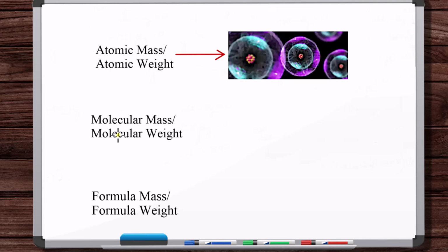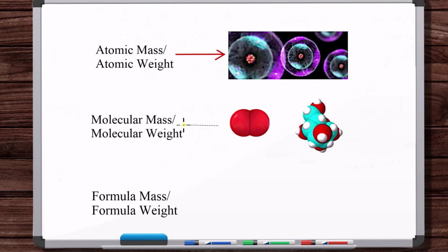We're going to refer to that mass as a molecular mass or a molecular weight, right? It's not the atomic mass of an H2 molecule or the atomic mass of a sugar molecule. It's the molecular mass or the molecular weight of the sugar molecule.